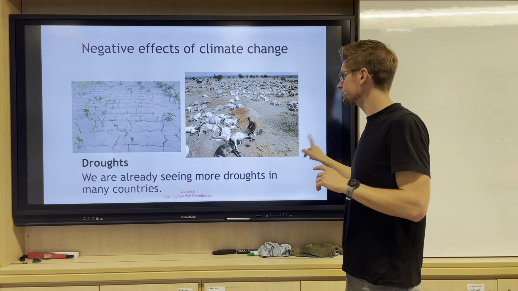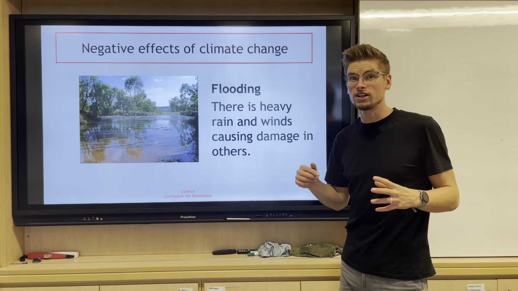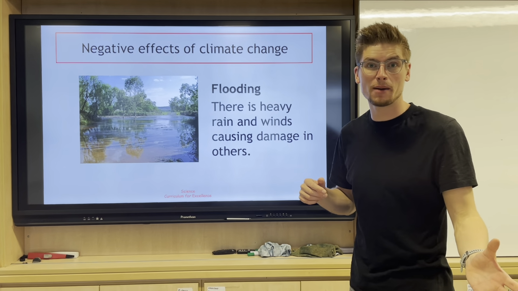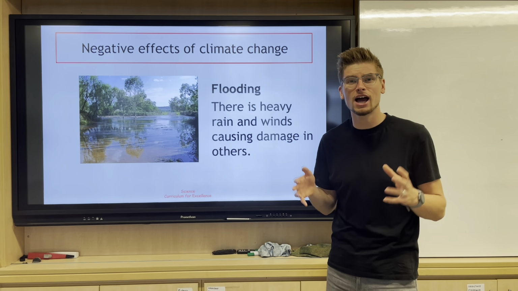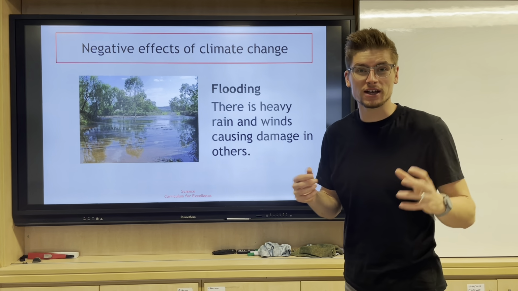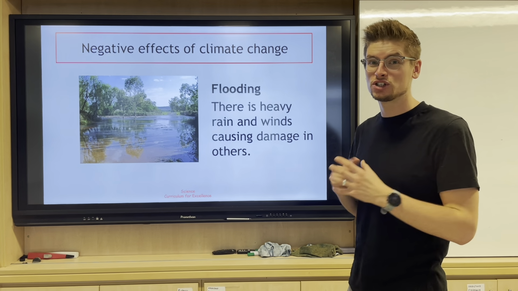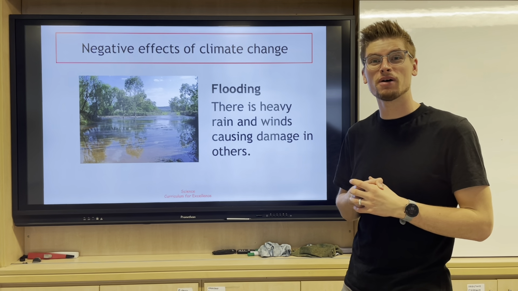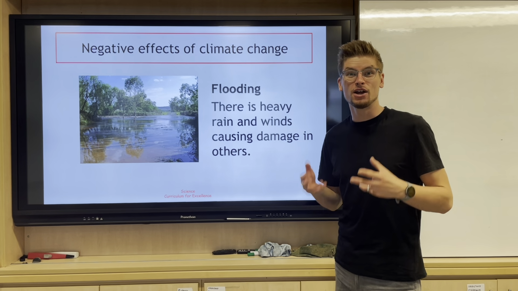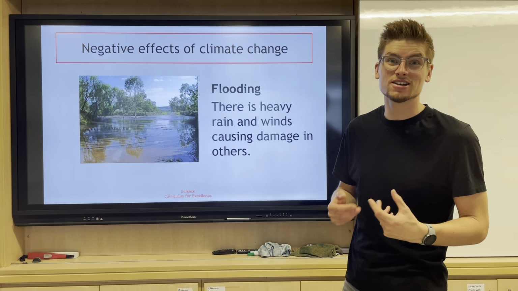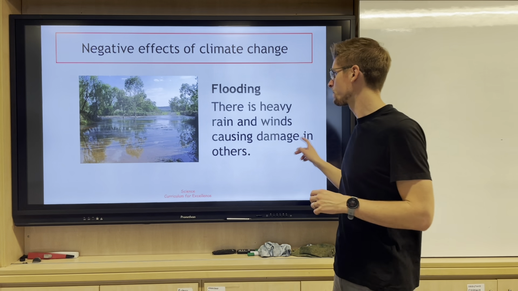We also know there's lots of flooding. Flooding down south in England happens quite a lot. But flooding destroys crops, it destroys, again, livelihoods. People are being affected by climate change. A lot of poor people are being affected by it because they depend on their farms, they depend on these things to live. And who is using all the fossil fuels? It's us in wealthier countries.